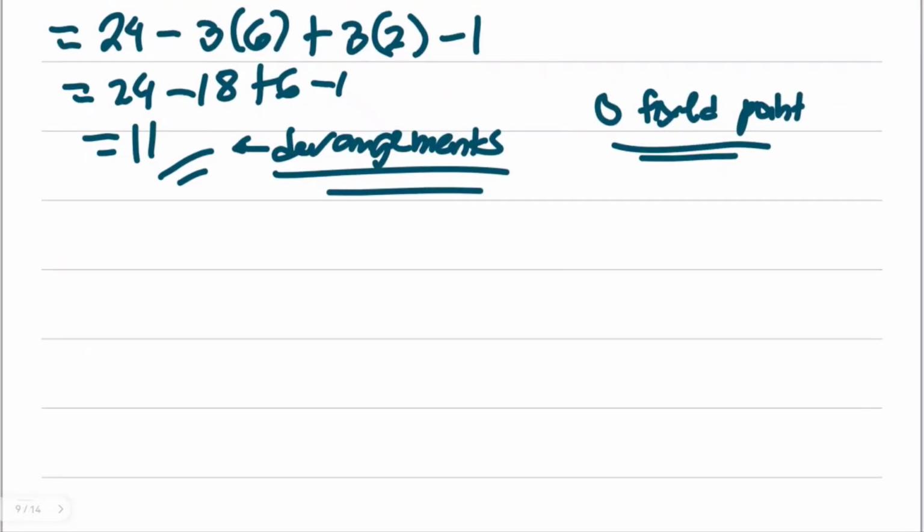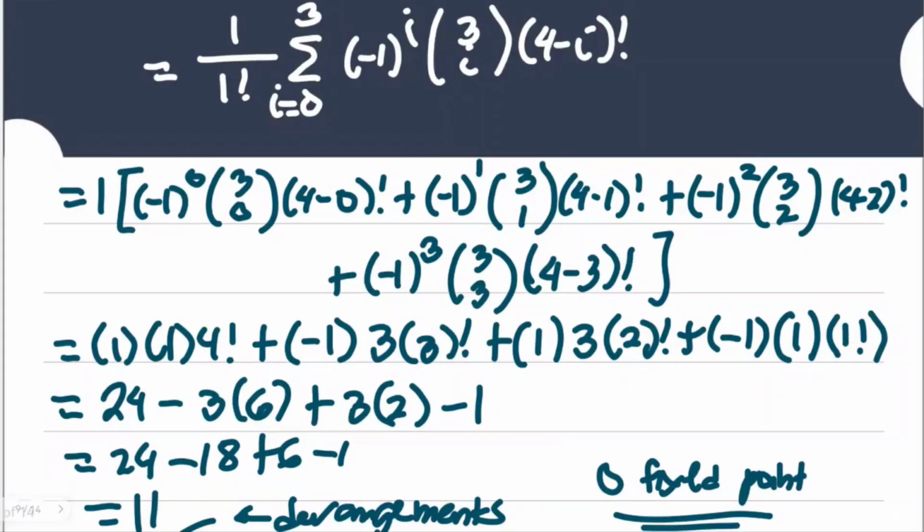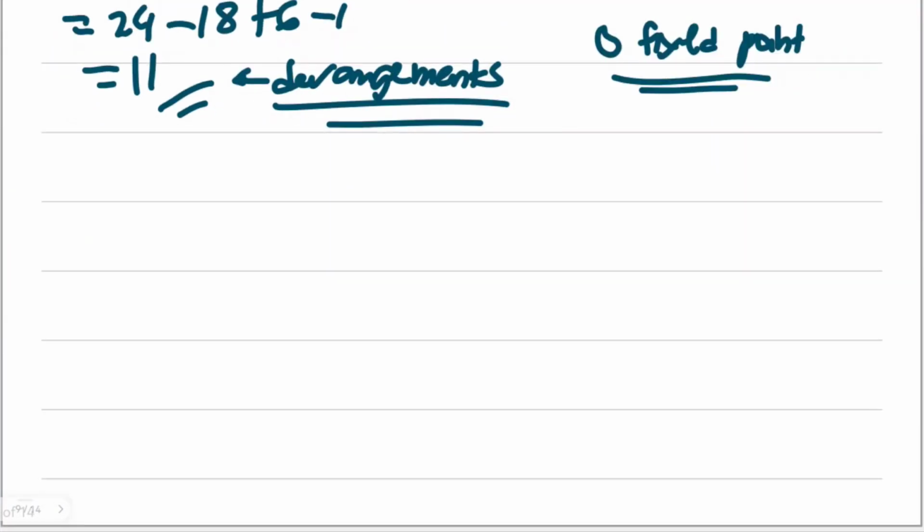I will be proceeding now to what if we have specifically one fixed point. So what if k is equal to 1 fixed point. Hence, we have here D(4, 3, 1).